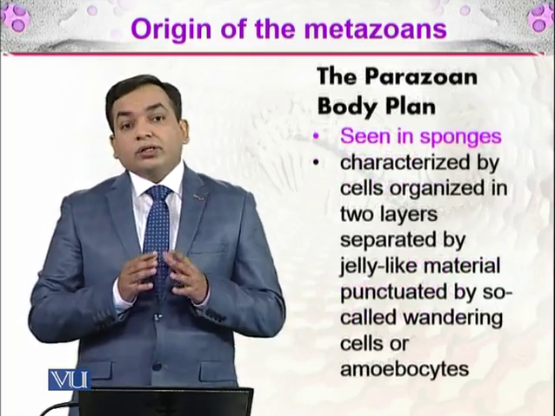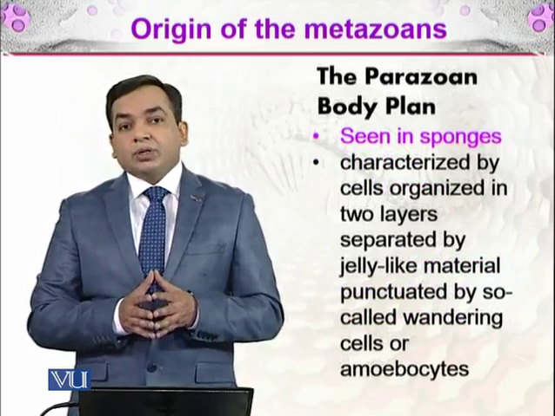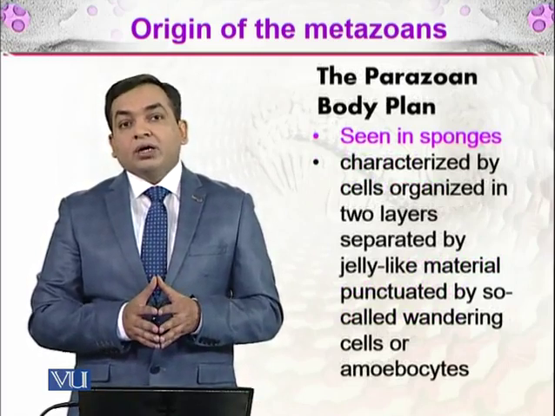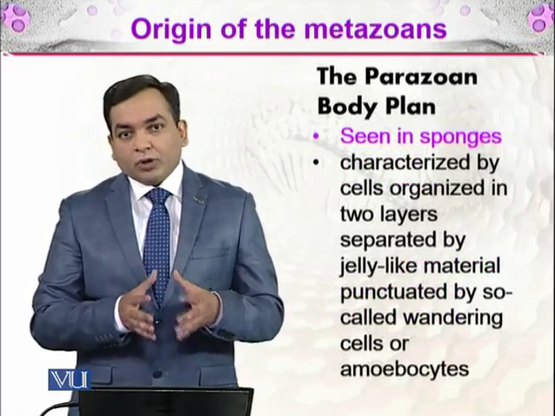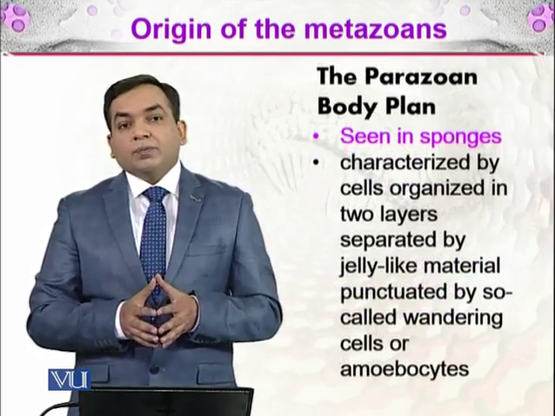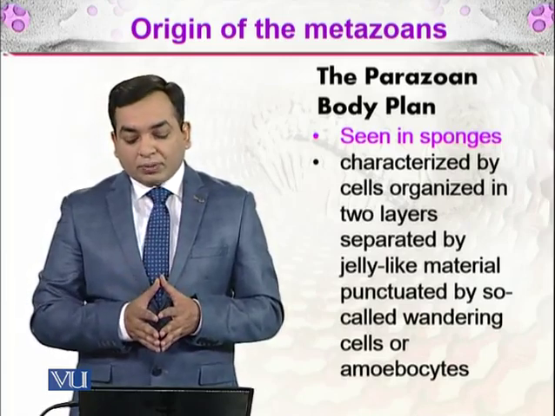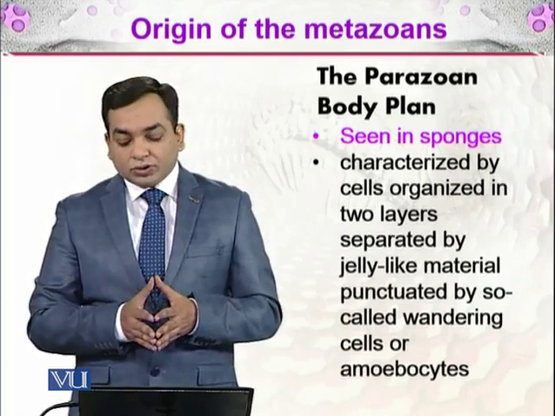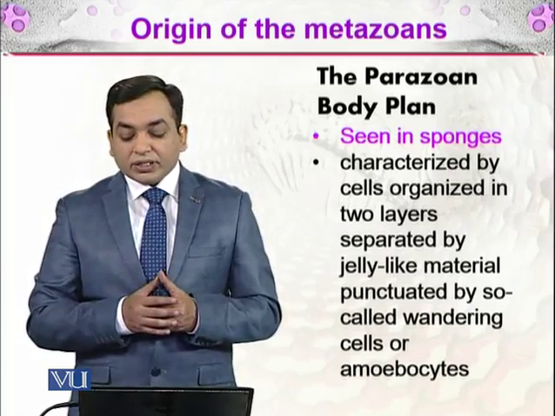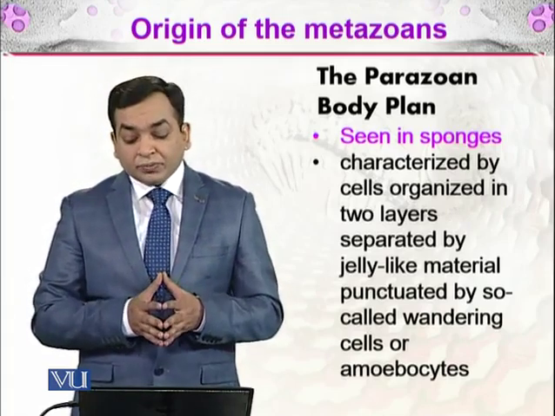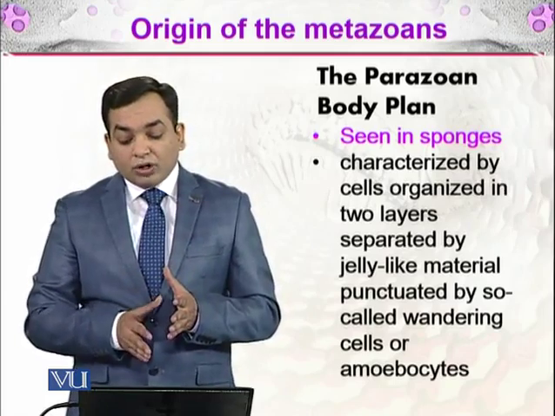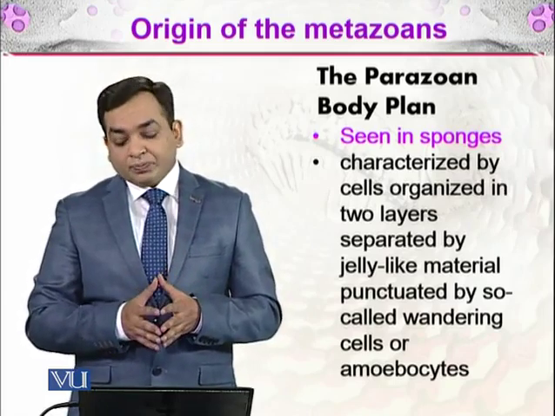So the first symmetry or body plan found in the earliest forms was called the Parazoan body plan, right? It is seen in the sponges, and it is characterized by cells organized in two layers separated by jelly-like material, punctuated by so-called wandering cells or amoebocytes.